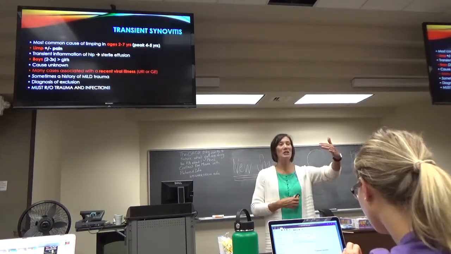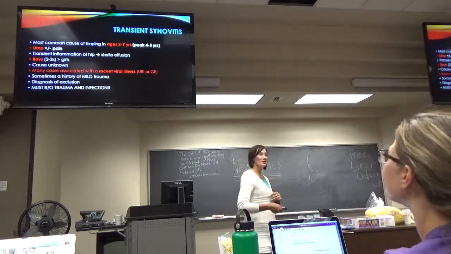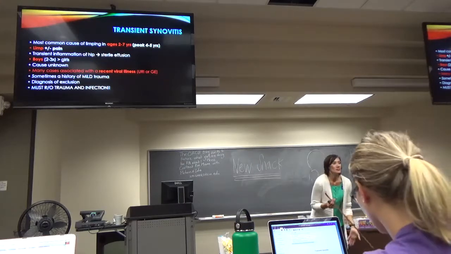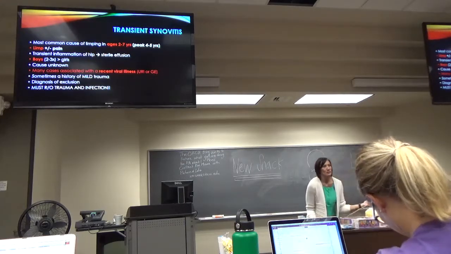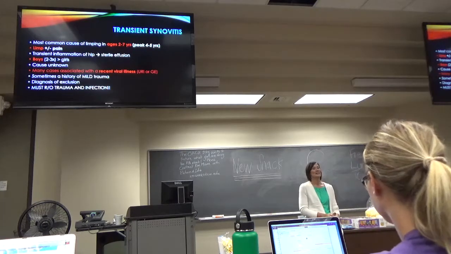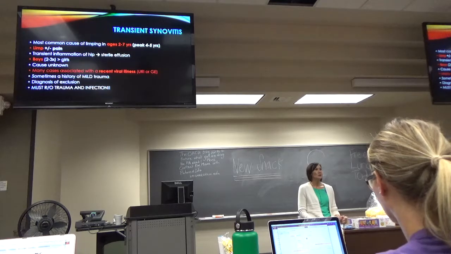You get it all in one plate, they're little tiny. If you can't get a good history, if they're refusing to weight bear, x-ray it. Protect their little gonads, their little ovaries, and get a picture if you need to.